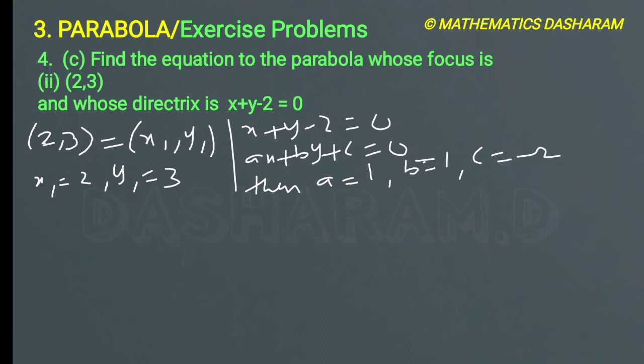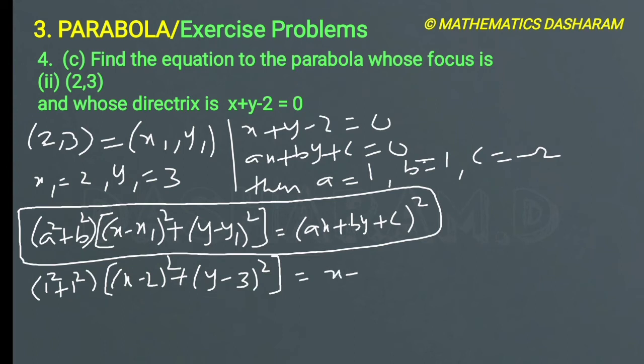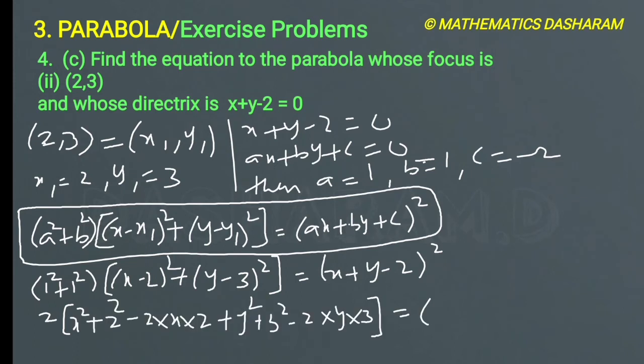Next, the formula to find the equation of a parabola: now substitute the values. a value 1, b value 1, next (x - 2) squared plus (y - 3) squared equals (x + y - 2) whole square. So it is 2, and here the (a - b) whole square formula, so it is x + y + (-2) whole square.